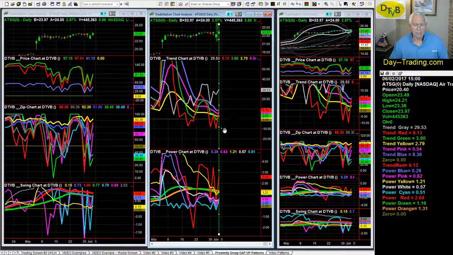In an up-touch situation, just like in a down-touch situation, within the trend indicators, the red, green, and gray can up-touch the 3 trio lines, yellow, pink, blue, or they can up-touch the 0 line, or they can up-touch above the blue line.